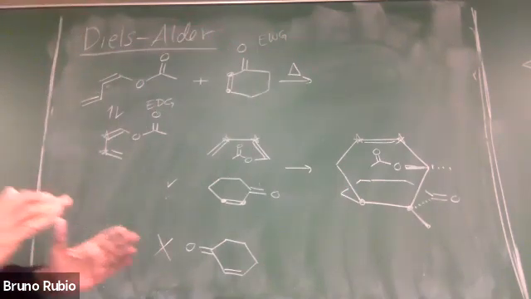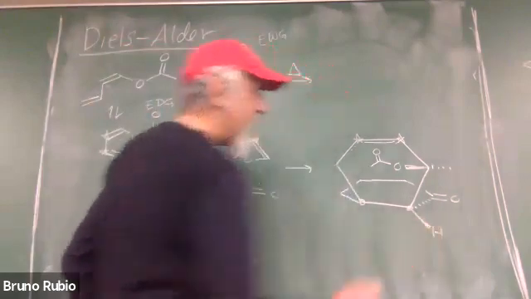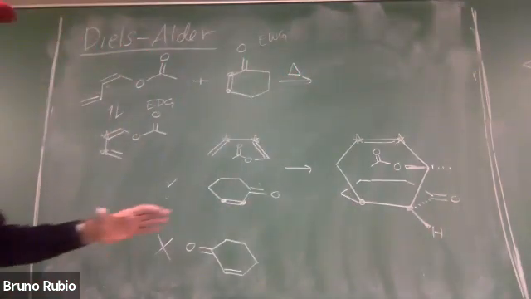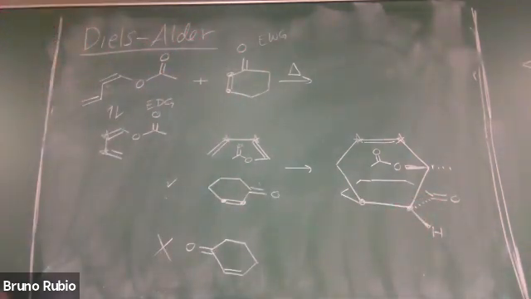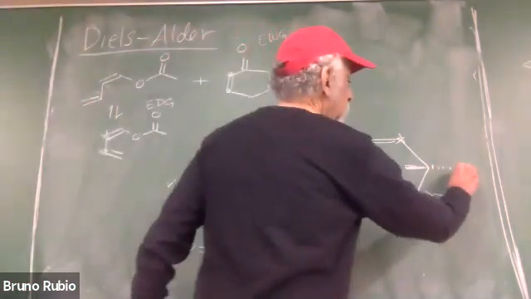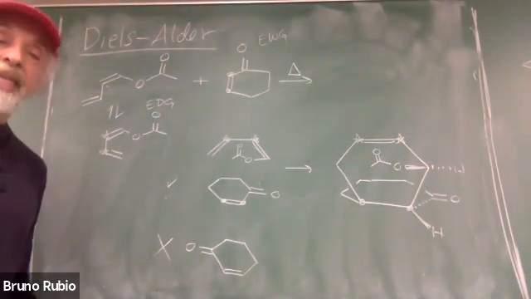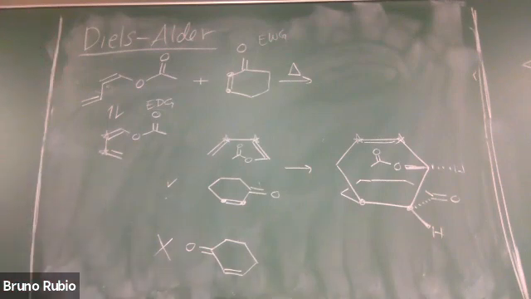You see how I'm trying to draw the dienophile in the back there, showing how the pre-existing electron withdrawing group got tucked under. That's not the most beautiful picture in the world, but at least it communicates the stereochemistry and the regiochemistry of the reaction.